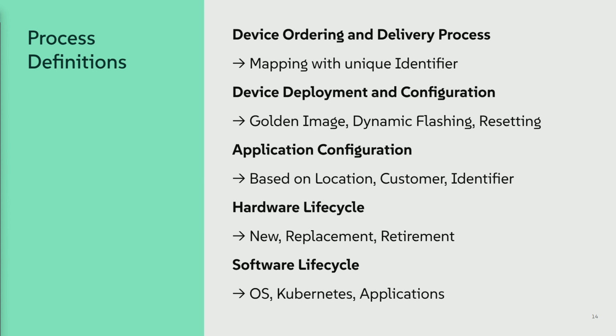In some of our customers, we have the situation that some guy in a remote location wants to have a new application on his shop floor. And then he starts an ordering process with a central location, telling them, I want an IPC with this and that software, with this and that configuration. Then the device is ordered at a vendor, and the device is delivered directly to the target location.